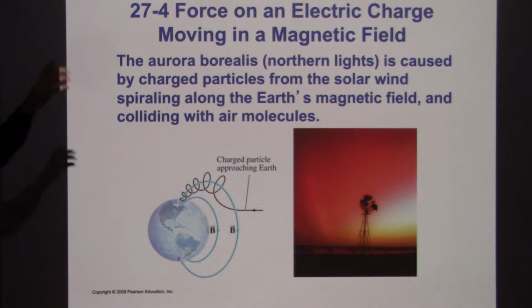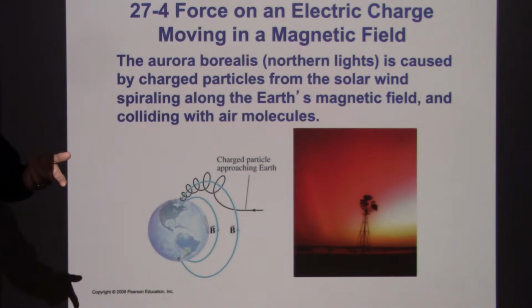Now, what about the neutrons? It seems like the neutrons might be able to sail right through. Turns out that neutrons are not stable particles. Now, neutrons are stable when they're built into a nucleus with other protons and neutrons around, but a neutron left to itself undergoes decay, turns into a proton, electron, and a neutrino within about 15 minutes.